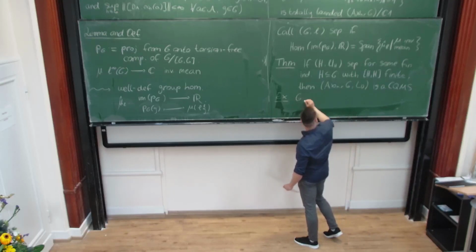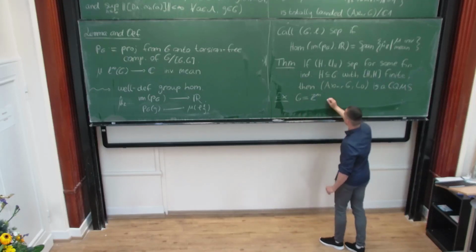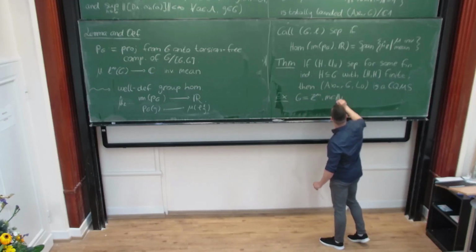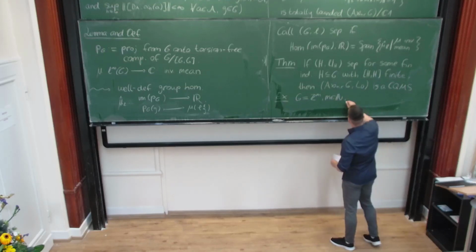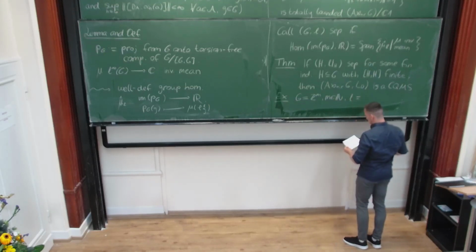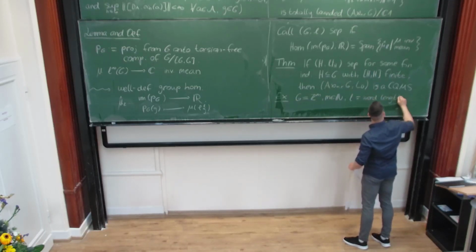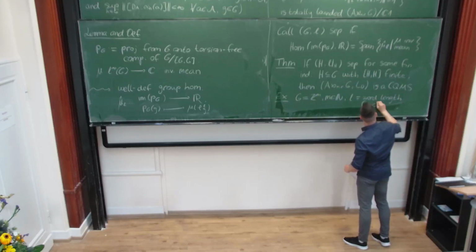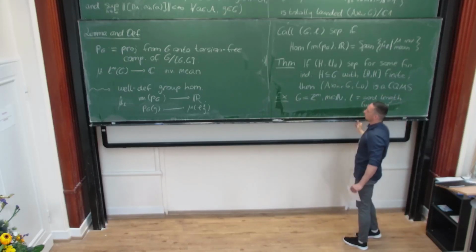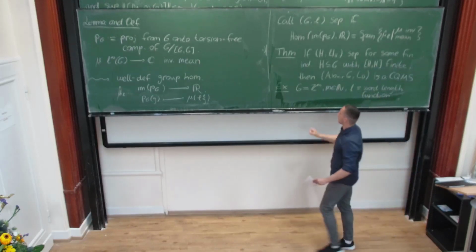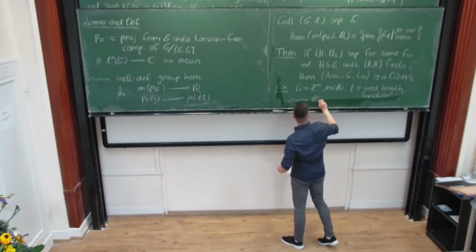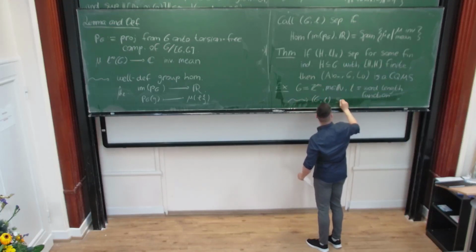So if we take G to be equal to Z^m, i.e. the integer lattice, and we take L to be a word length function with respect to some finite generating set, then you get that the corresponding pair (G, L) is separated.